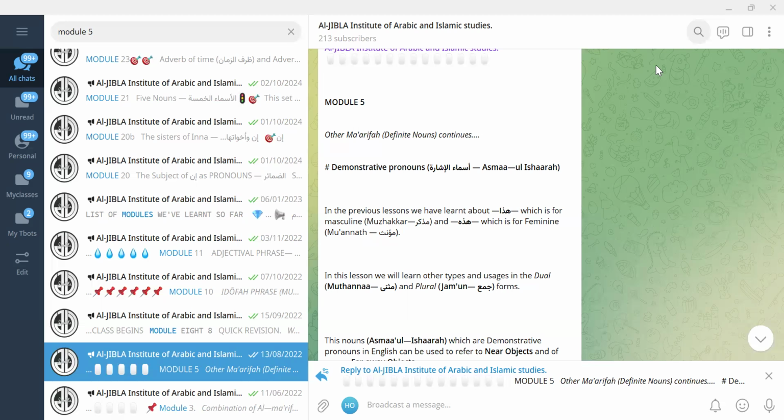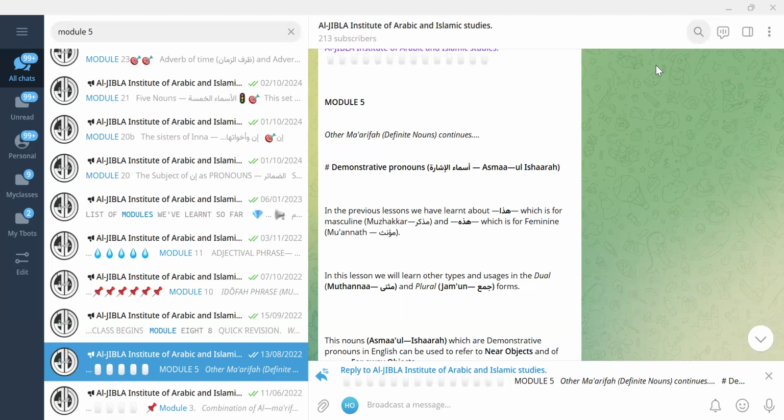Another one is ism al-ishara, the demonstrative pronouns, which we are treating today. Ism al-mawsul is also part of that, which is the relative pronouns. And then, of course, we have al-idafa, al-mudaf al-ma'rifa, and we have al-munada, al-nida. So making 7 of them.